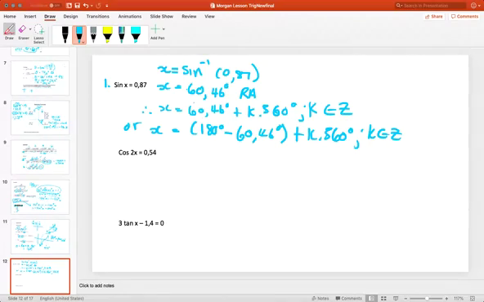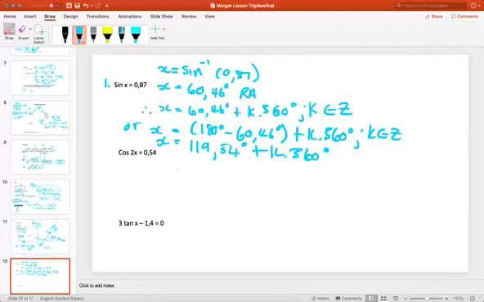And then you would simplify in your next step. You would say 180 minus the 60.46, and we land up with 119.54 degrees plus k times 360. And that k times 360 is simply saying that we can multiply many times into 360, and that is what gives us the general solution.